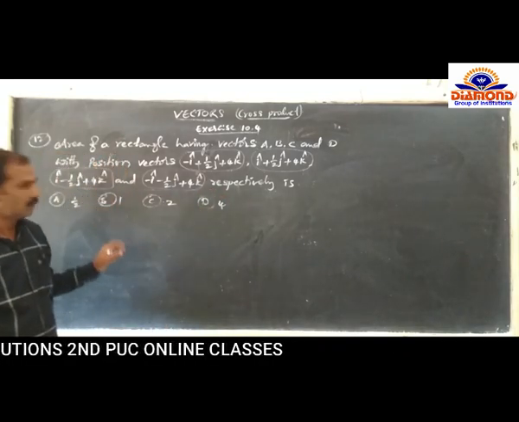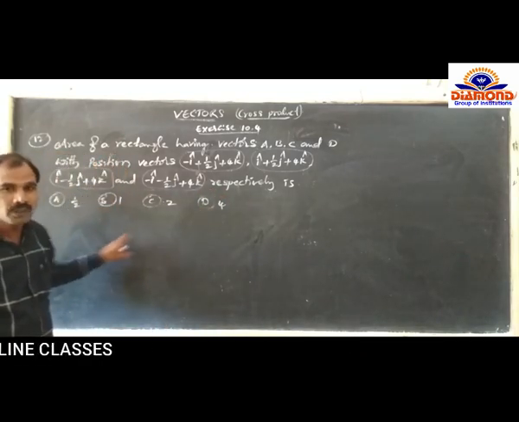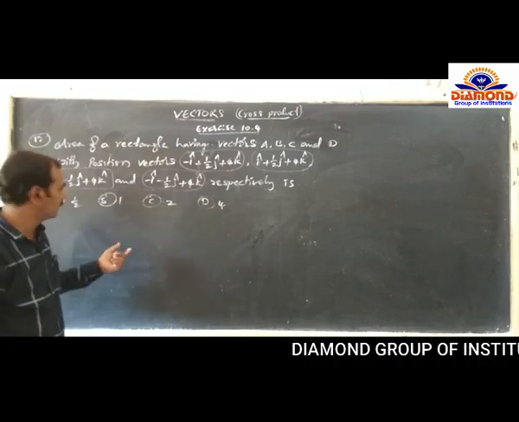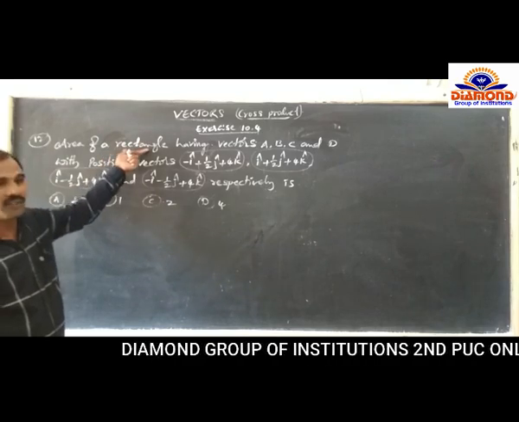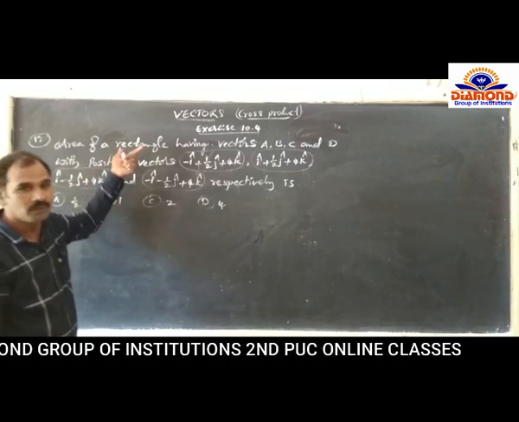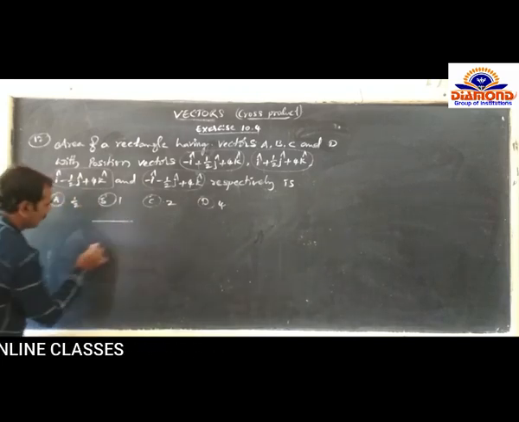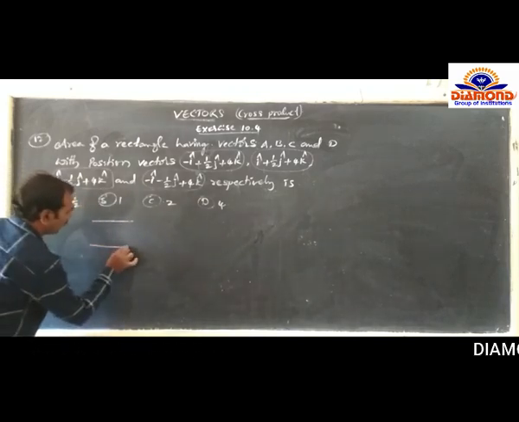So simple. The magnitude of the cross product of the adjacent sides is the area of the rectangle. You know what that is. So this is a rectangle.